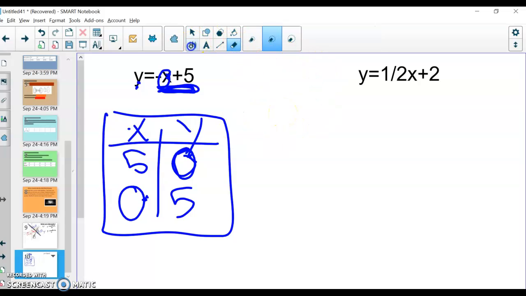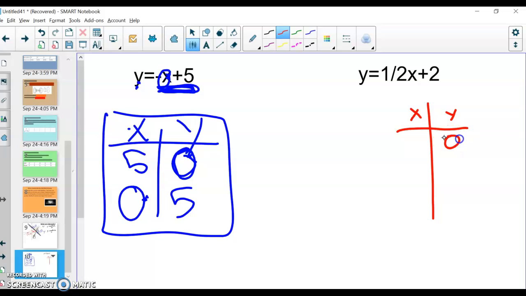Let's look at this other one. Do it in a different color. I have my x and y chart. I have 0 and 0. First substitute y for 0. 0 equals 1/2 of x plus 2. Then let's solve this out.